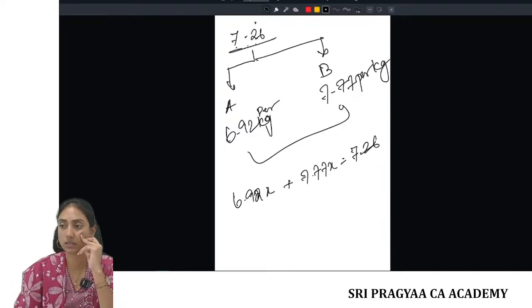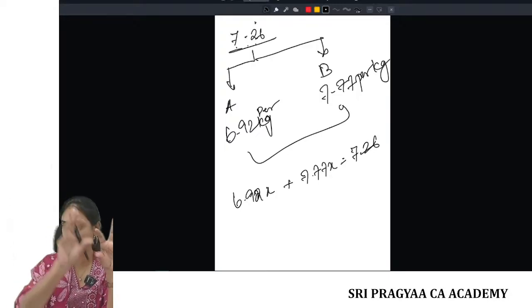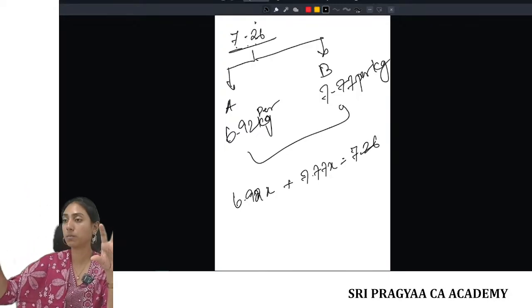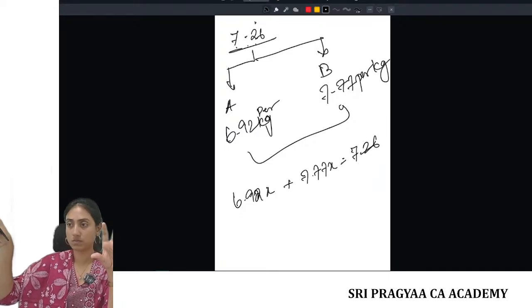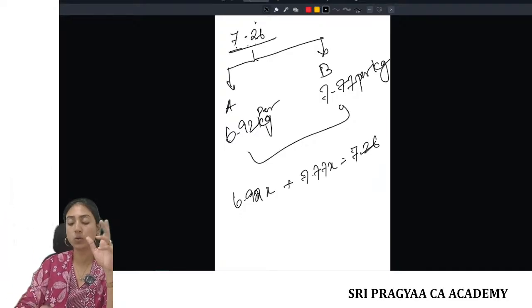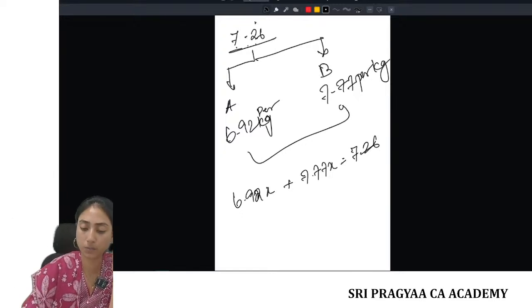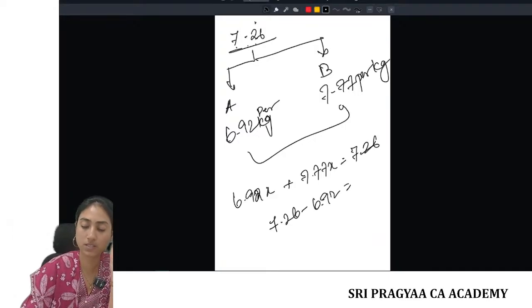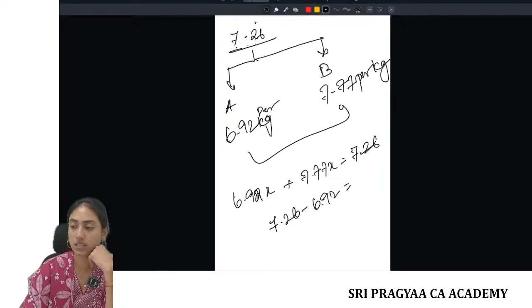X தான். Ratio is 6.92. I will take X amount and this I will take one amount. You don't have to do it, or இன்னொரு மெத்தட்ல போடுறேன் பாரு. உனக்கு வந்து 7.26 is the so what is my difference per kg?